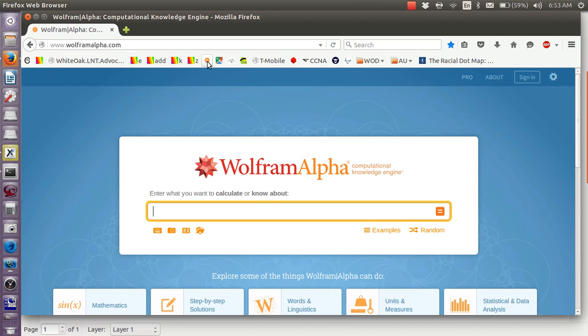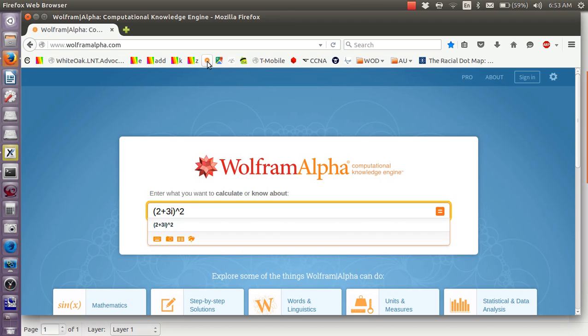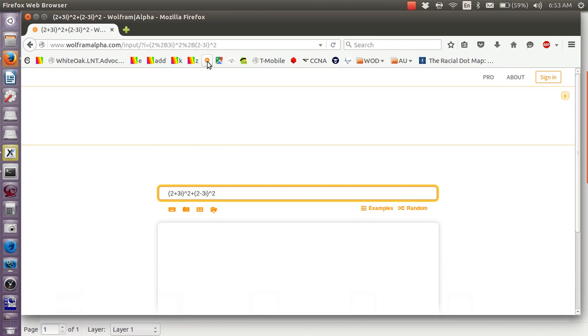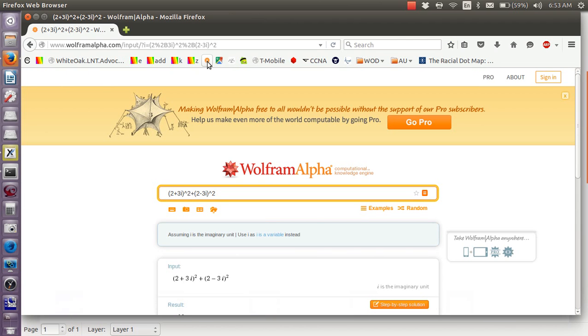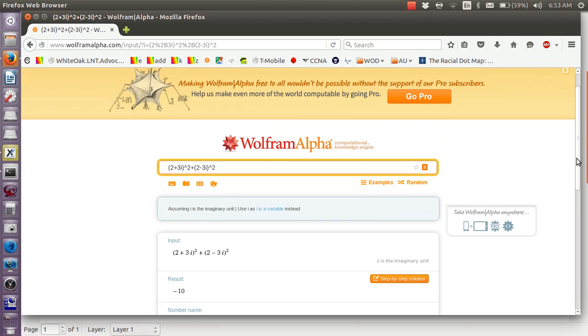Okay, so one of your homework questions, well, something similar to one of your homework questions is 2 plus 3i squared plus 2 minus 3i squared. Hopefully it knows what i is. I think it does. It says, assuming i is imaginary, you use i as a variable, fine. The result is -10, but it doesn't tell you how it got that.